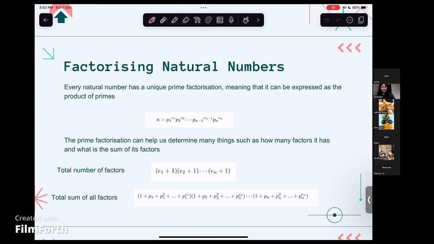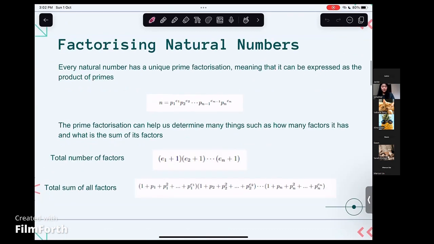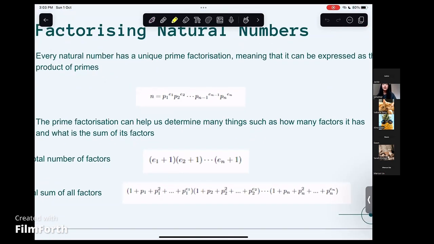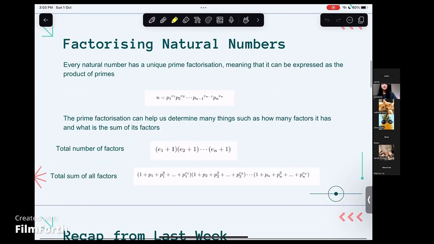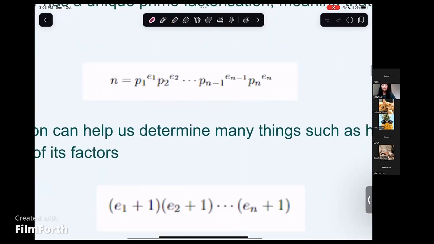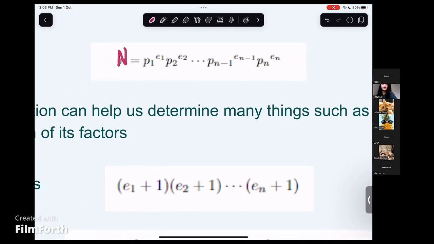Okay, so with that in mind, let's consider the prime factorization of a natural number n. We can express it as p1, p2, p3, all the way until p... okay, it's not a very good use of variables. Let's say this is capital N. So we have a number, capital N, and it can be expressed in terms of the primes p1, p2, and then all the way to pm.